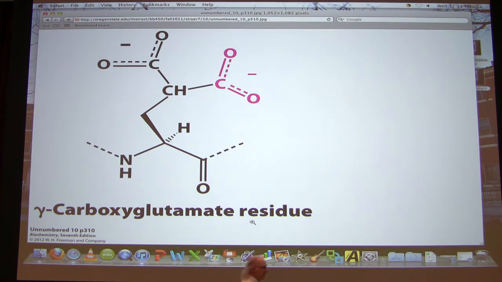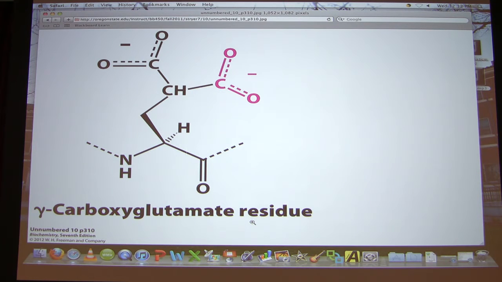Vitamin K is required by an enzyme that puts an extra carboxyl group on the side chain of glutamate. So prothrombin has several glutamates. This enzyme that uses vitamin K grabs a hold of prothrombin, it grabs a hold of vitamin K, and it puts an additional carboxyl group on the side chain of glutamate.